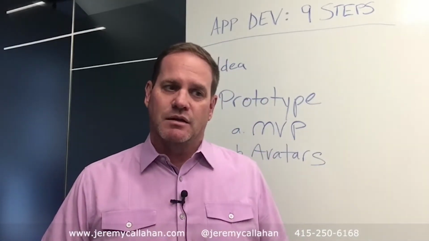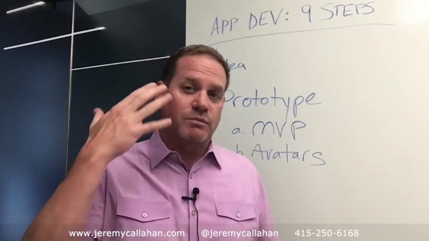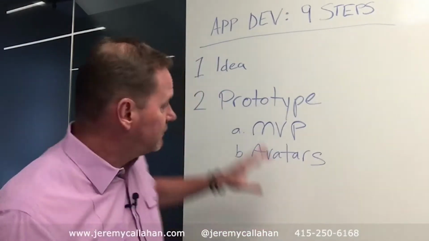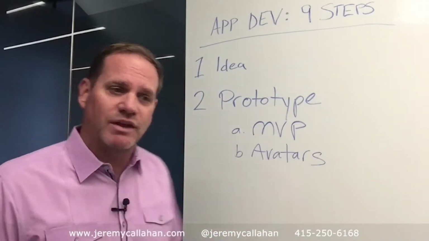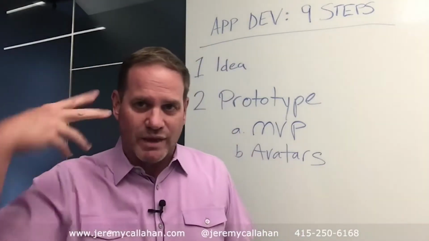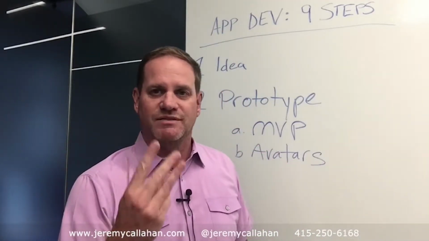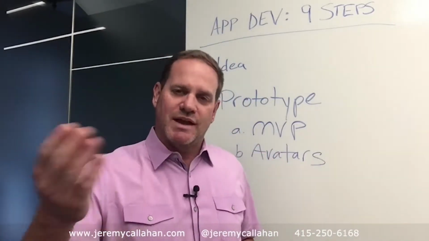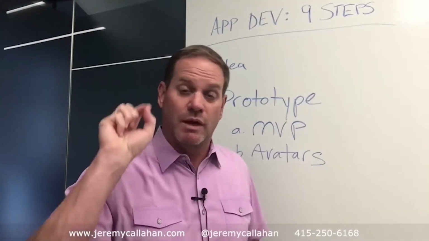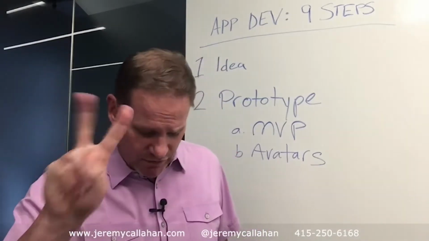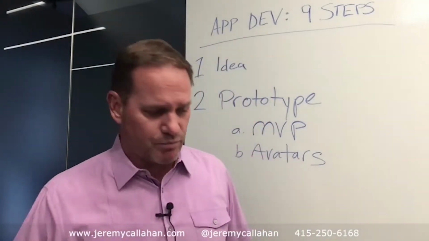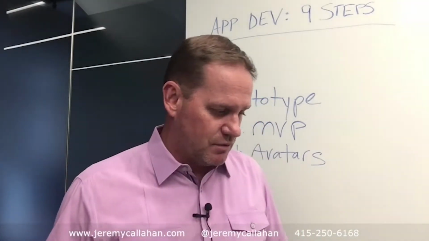We want to define this up front, before we've done any development in the prototype stage, because we have an idea, we have a problem. Now we are going to identify a specific customer, and the more specific, the better. That way, when we actually go to market, we know exactly, number one, who we're building it for, and number two, who we're going to market it to. So these are some important steps that you want to do, okay?